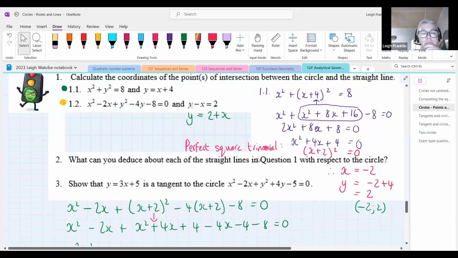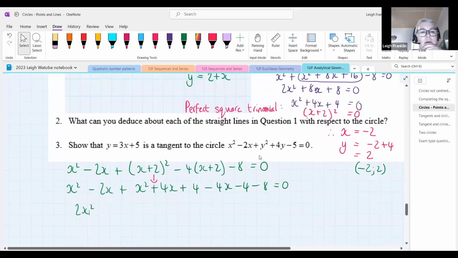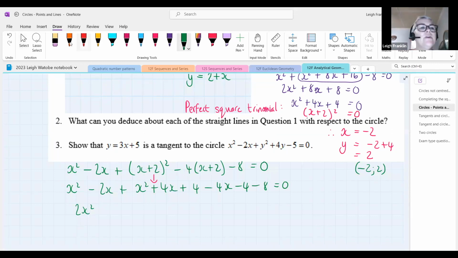Oh, yes, sorry, it's minus 4x minus 8. Hang on a second. Minus 4x minus 8, minus another 8. So that would be from the binomial. Then it should be minus 4x minus 8 minus 8. There we go. Yes.